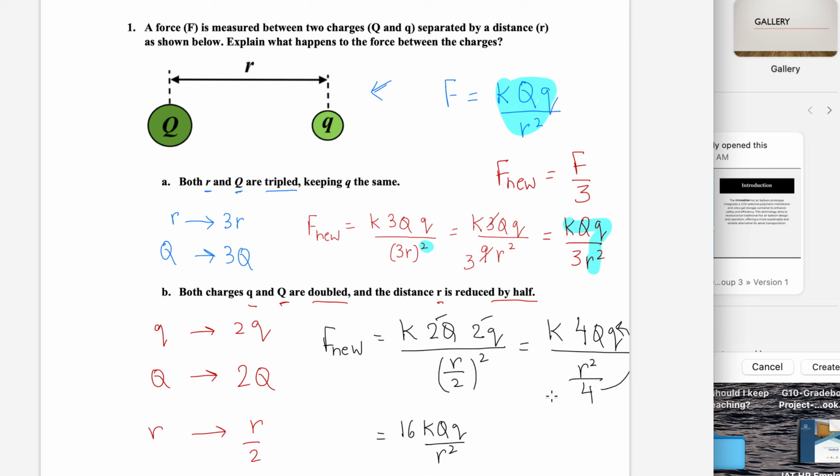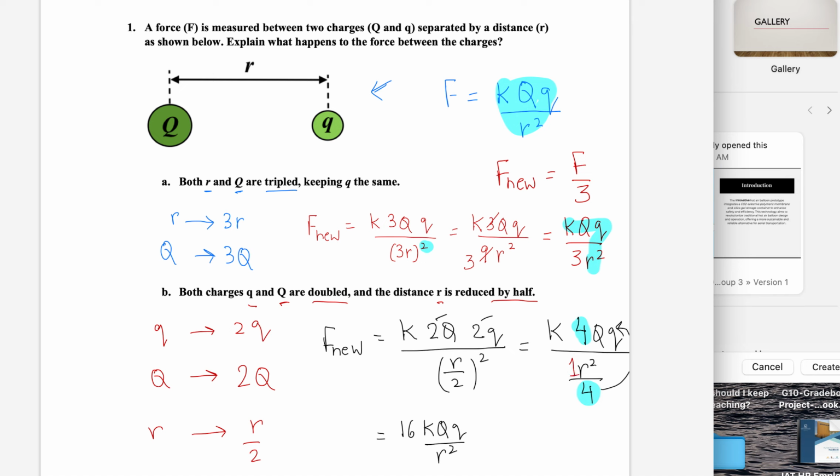Or, if we don't remember that, let's highlight the numbers we have here. We have 4, and then here I have 1 over 4. For r squared I can write a number 1, it doesn't matter.